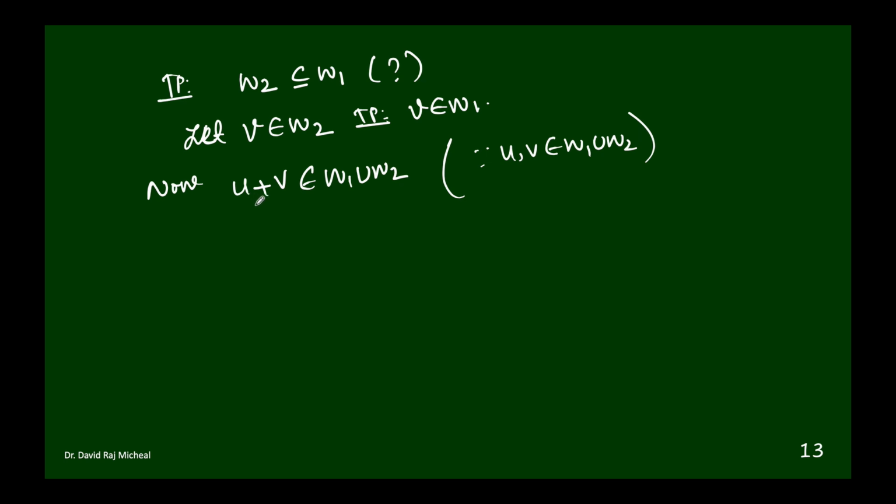Therefore, U plus V must belong to W1 union W2. Now since W1 and W2 both are vector spaces, I can look for the inverse of V, minus V.